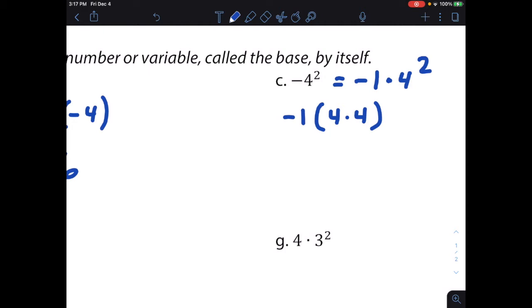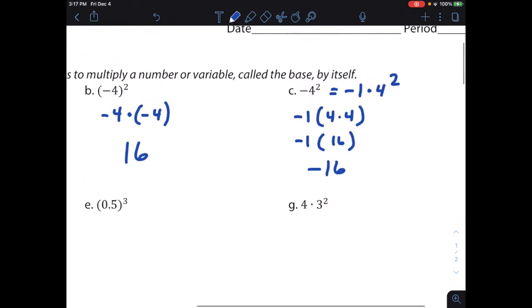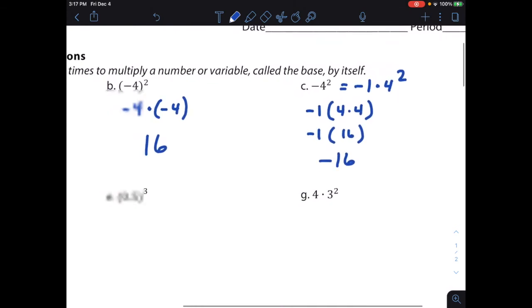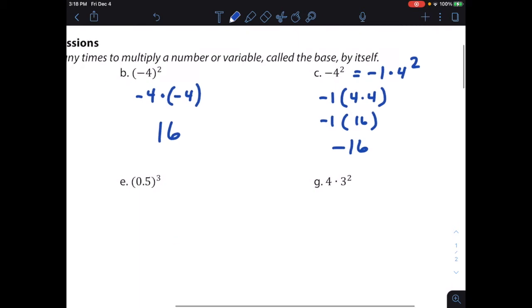And 4 times 4 is 16. So we have -1 times 16, or -16 in this case. It's really important to know the difference between these two, where we have parentheses and we don't have parentheses, because it's going to be a really common place where you're going to make mistakes. Okay, so let's keep going.